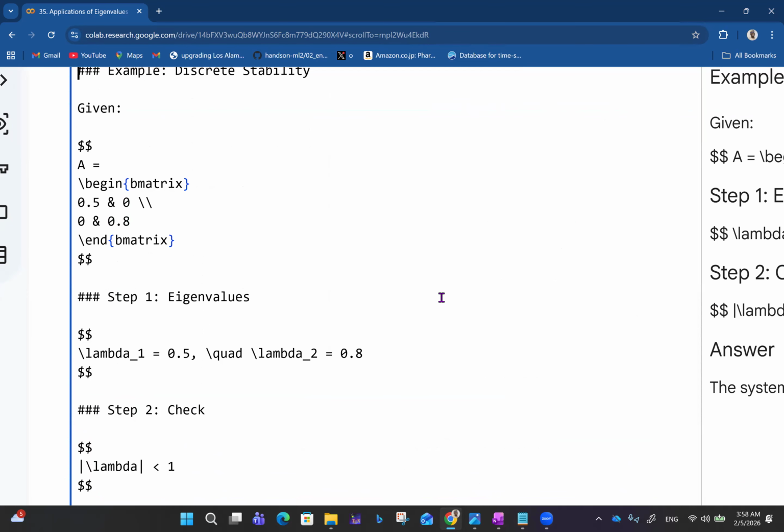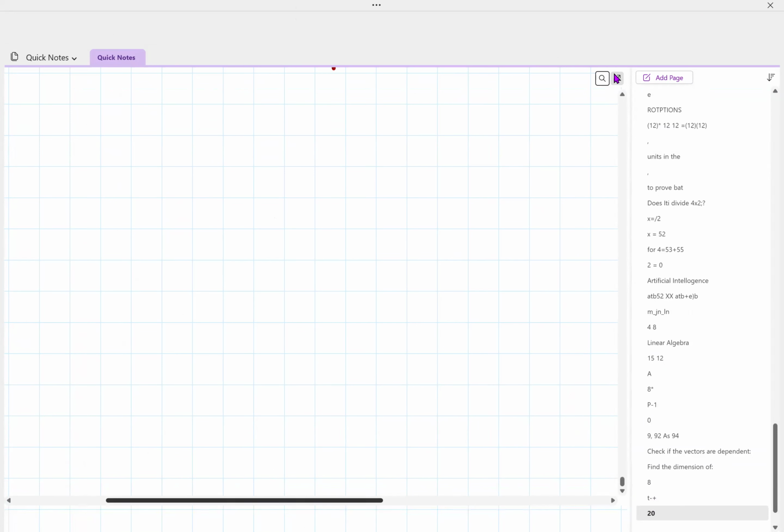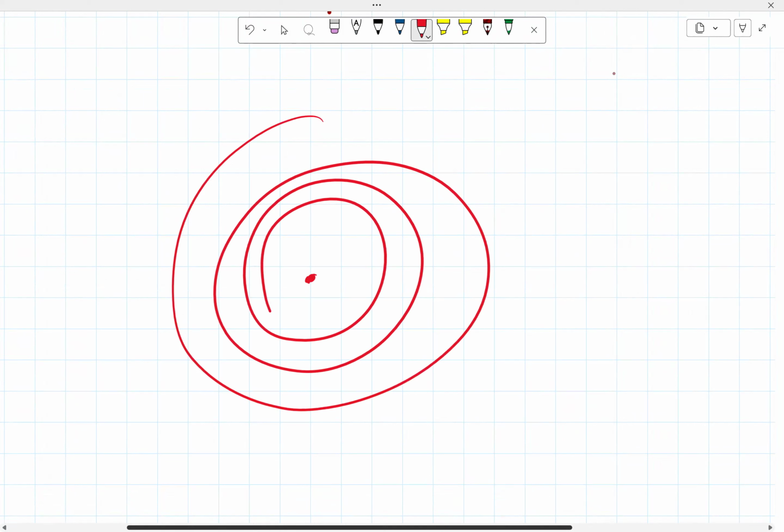Okay. What if you have complex eigenvalues? If your eigenvalues are of the form a plus or minus bi, then if the real part a is less than 0, if this real part is negative, you have a spiral in. Spiral in means that you have, let's say, a point like this, and something moving from outside and coming inside into that point.